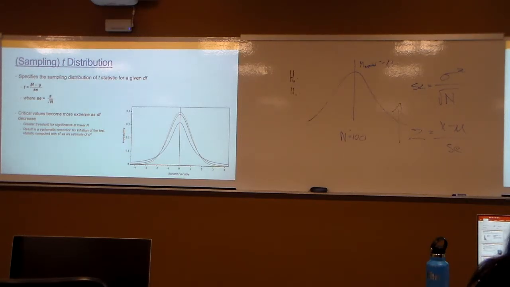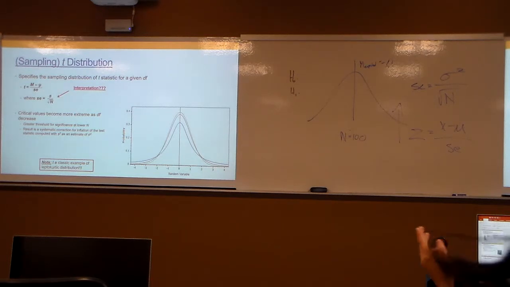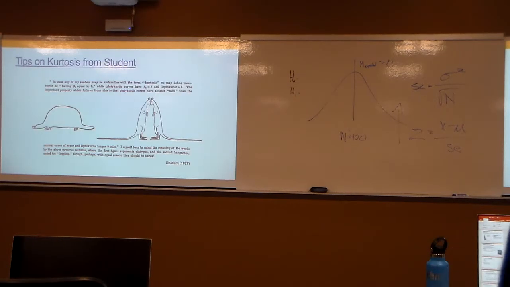Are people following the logic of this and seeing how this is working out? Okay, we already went through interpretation. This is your standard error. Know what that is, okay? But again, what we see is our t-distribution. This family of t-distributions is a classic example of positive kurtosis, or a leptokurtic distribution, which is really cool.